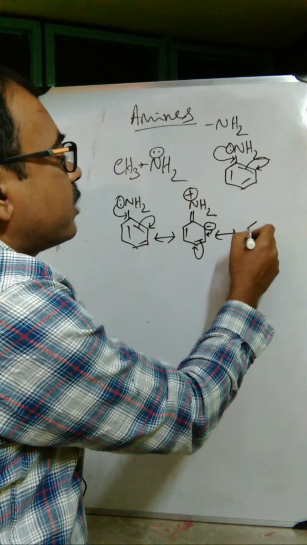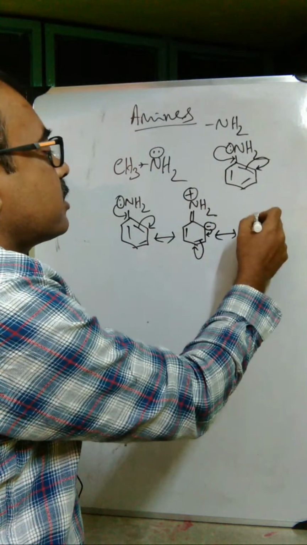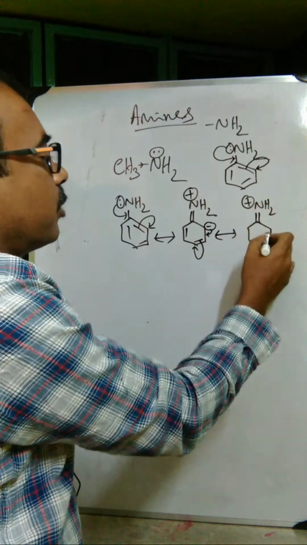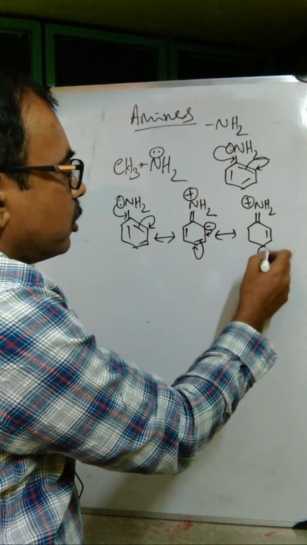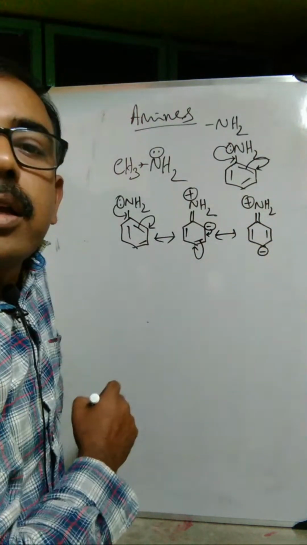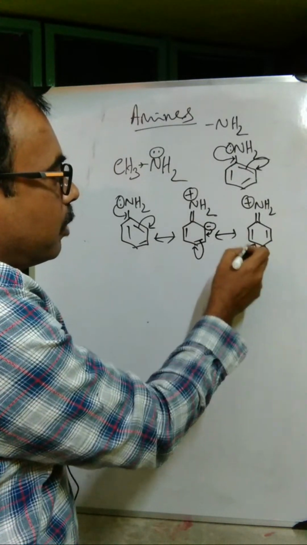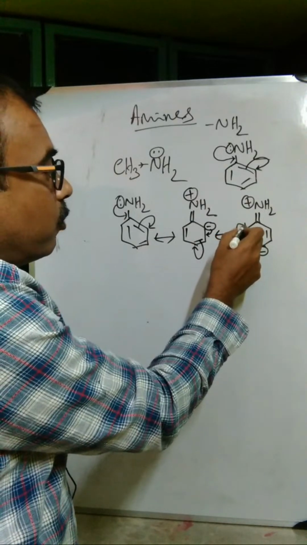So the next resonating structure is like this: double bond, NH2 plus, double bond, negative charge, double bond. Next resonating structure: the negative charge will form a double bond, and the next carbon will form a negative charge.